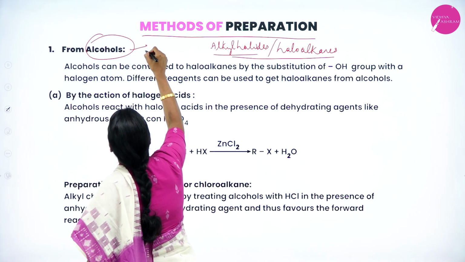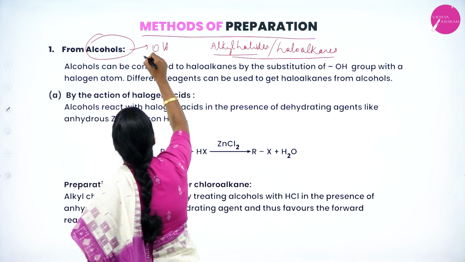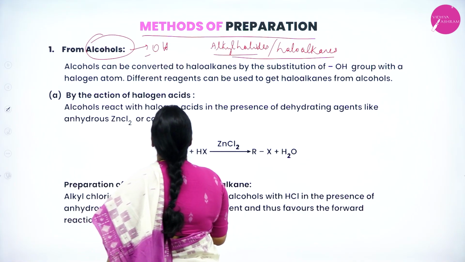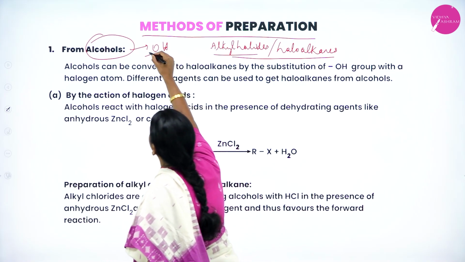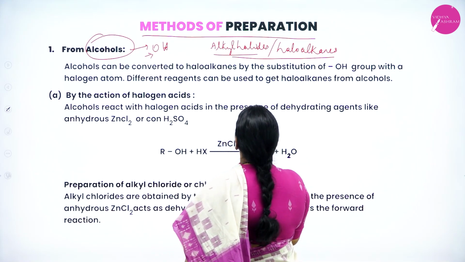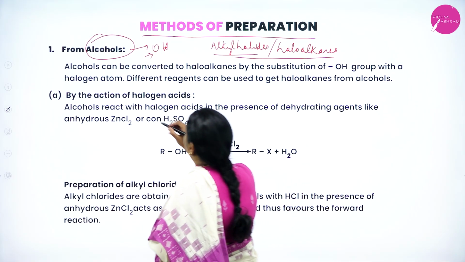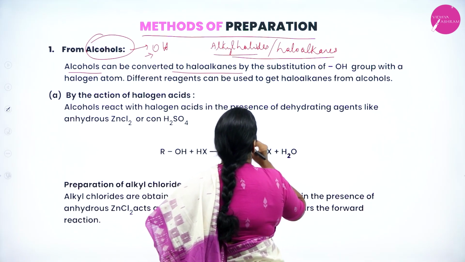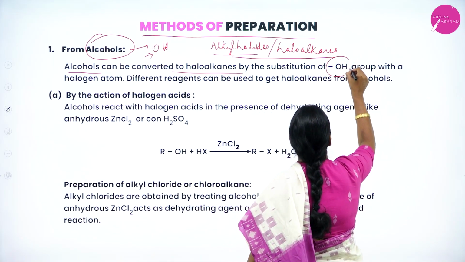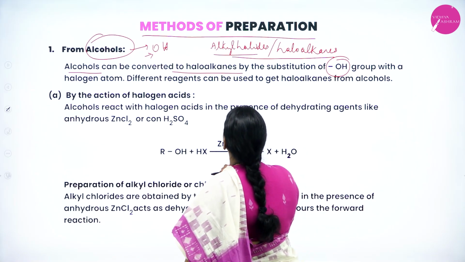What are alcohols? Those having functional group OH are known as alcohols. The functional group of alcohol is OH. So therefore, alcohols can be converted to haloalkanes by the substitution of OH group by halogen atom.